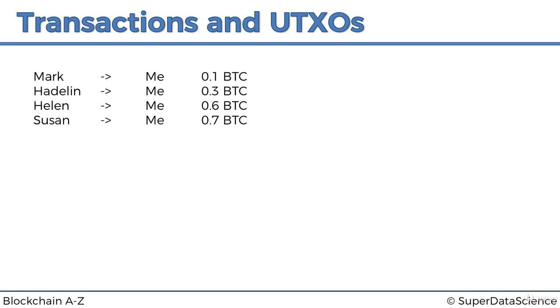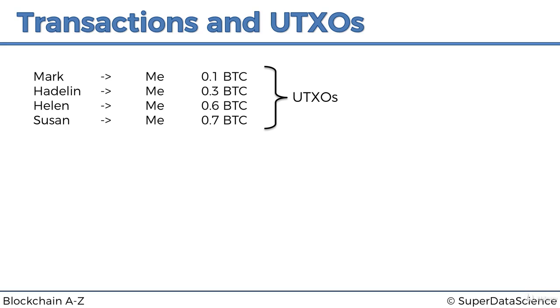All of those are different transactions that happened in the Bitcoin blockchain, and they are all related to me. I received Bitcoins in all those transactions. What those would be called in the Bitcoin world are UTXOs, which stands for unspent transaction outputs.